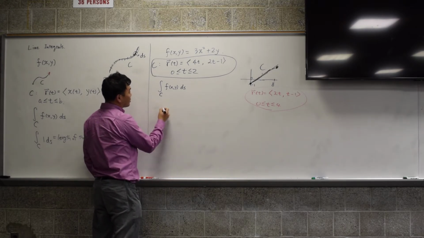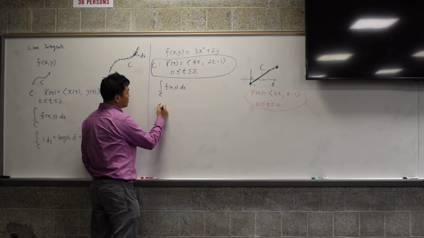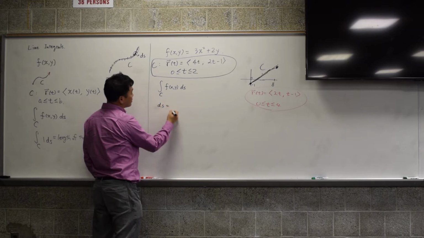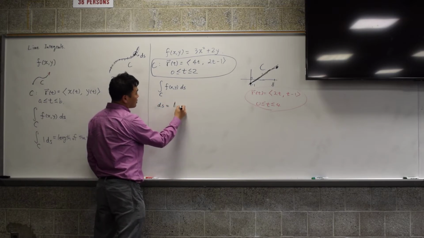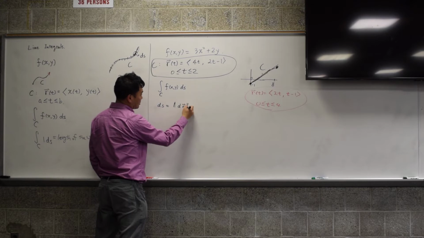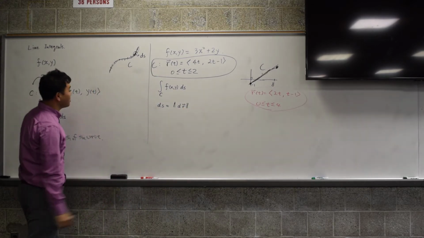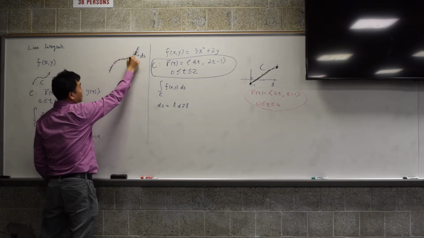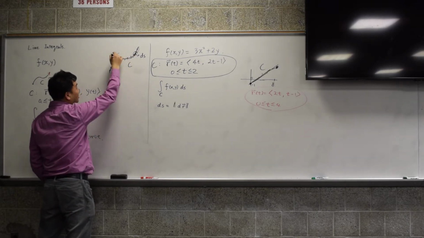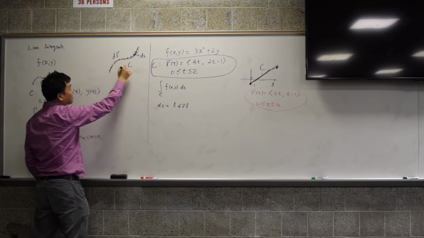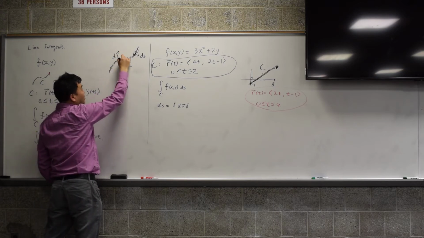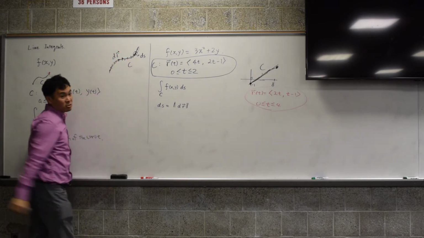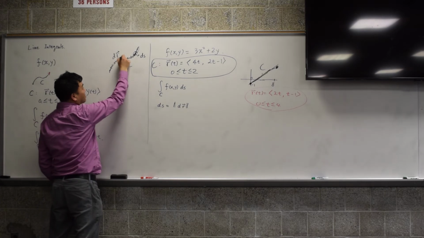Now here's how you think about it. ds is the norm of dr. What is r? Well, r is the position vector. So r is the position, and dr means it's a vector obtained by change of position. So dr is this vector.